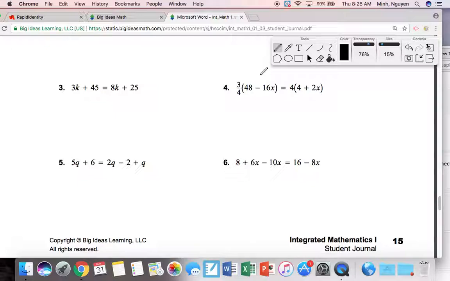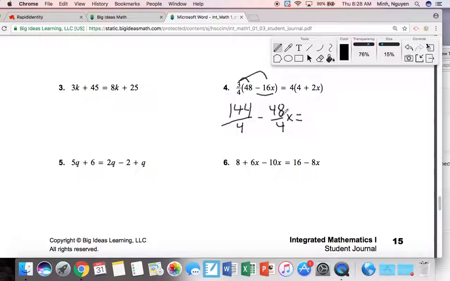In any case, all that was a lot of talk. 3 times 48. 3 times 48 is 144. And I got to divide that by 4. And 3 times 16 is 48, or negative 16 rather. Negative or minus 48, however you'd like to think about that. Divided by 4, multiplied by x.